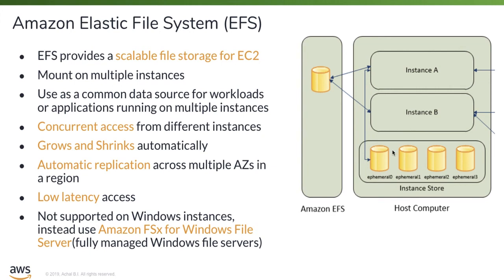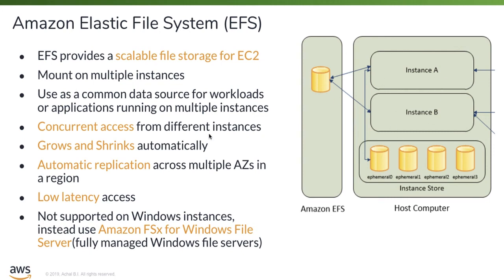That is not the case with instance store. With one file storage system, you can mount it to thousands of instances, and the most advantage of it is you can have concurrent access from different instances.